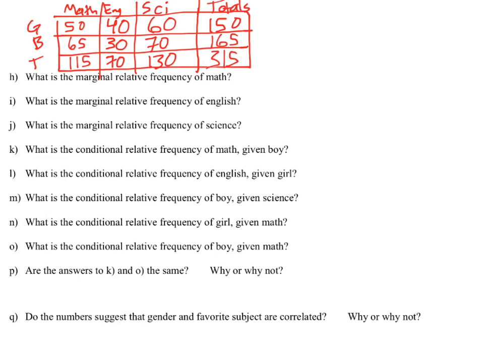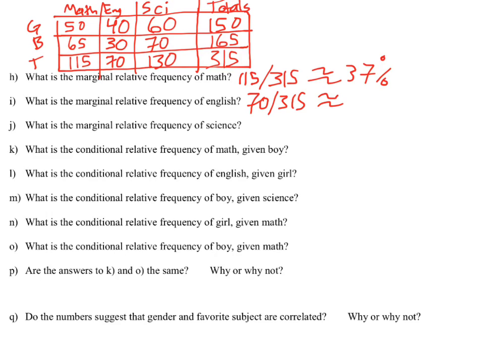Next section, marginal relative frequency for math. The math total is here at 115. You have to divide by the grand total of 315, and you just compute those. That's about 37%. And then relative frequency for English, that's the 70. So take 70, divide by 315.